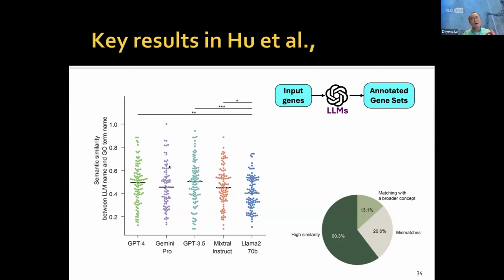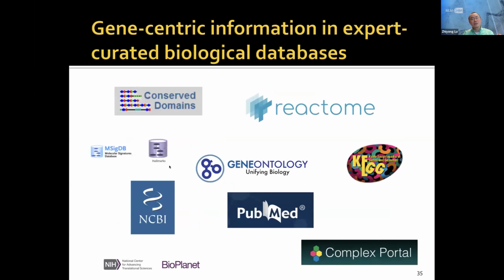So the idea we had in our project is maybe we should be using those gene-centric databases. Because I'm pretty sure PubMed has already been utilized somewhat during the large language model training process, but I'm less sure about these structured databases.